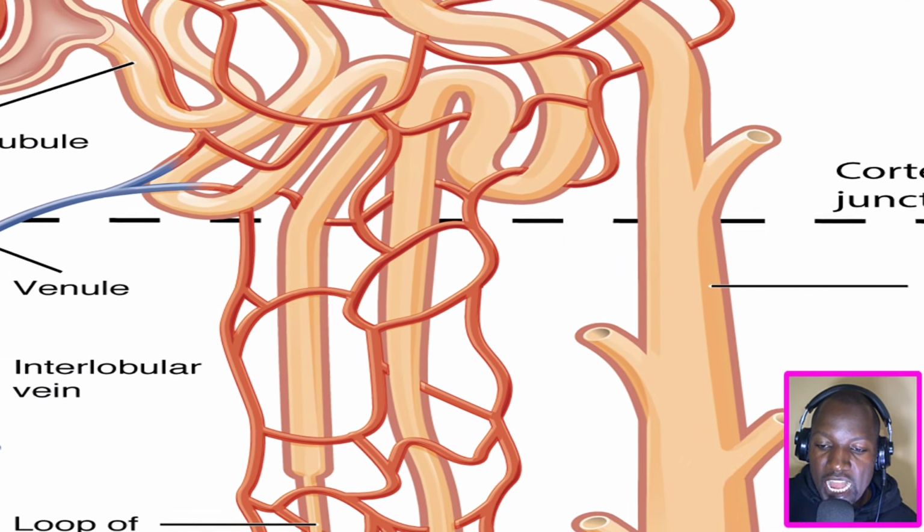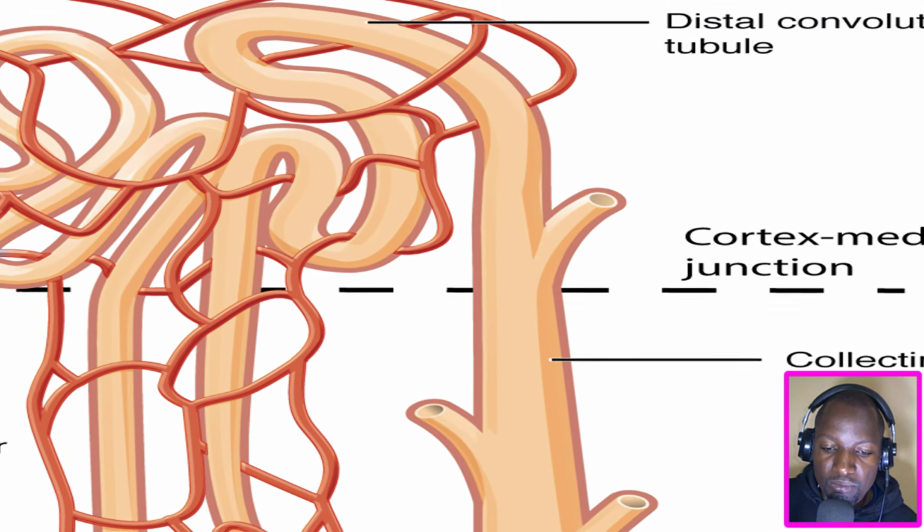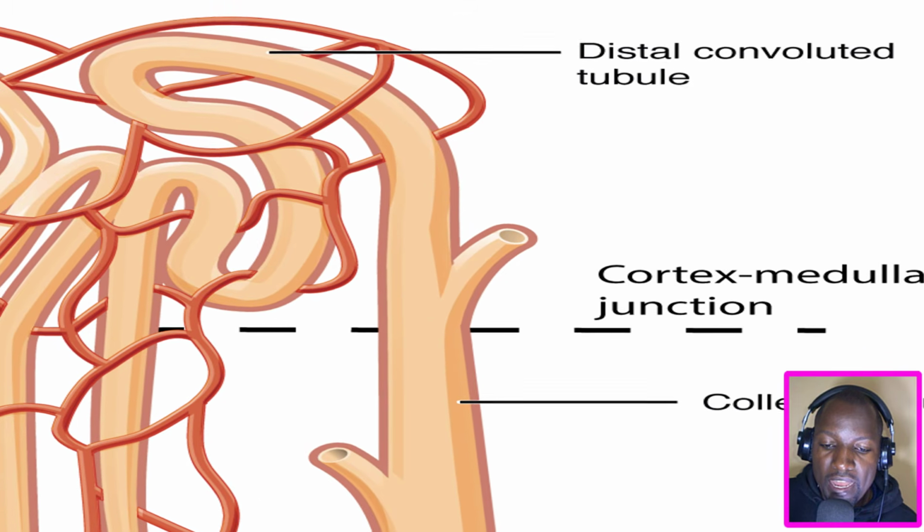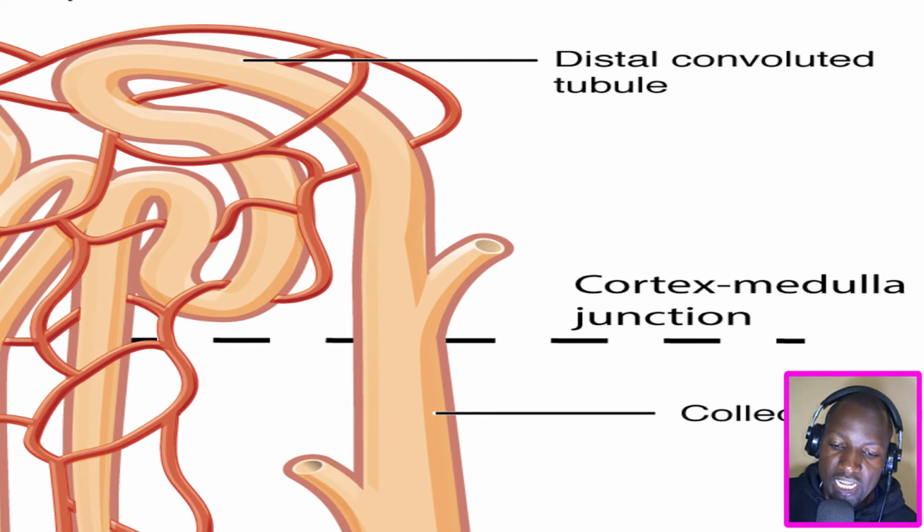You'll see it also has a distal convoluted tubule, and this is where much water is reabsorbed into the bloodstream by the process known as osmosis under the influence of a hormone known as ADH.